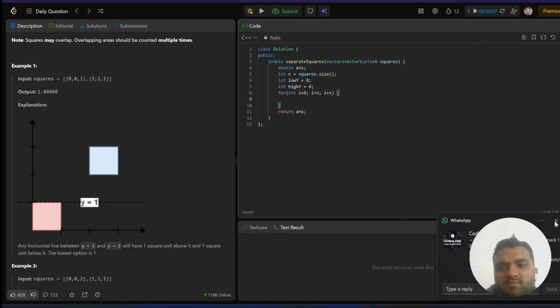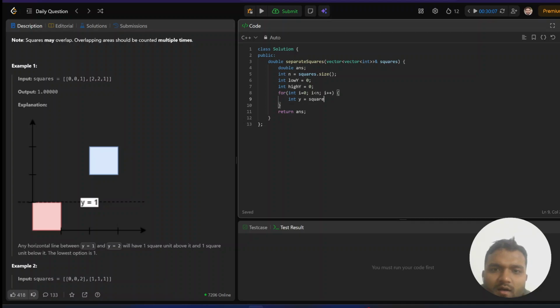Please don't send messages, I'm recording videos. So we have a y here in squares. Is the spelling correct? Yes. And we have a length, square i 2.